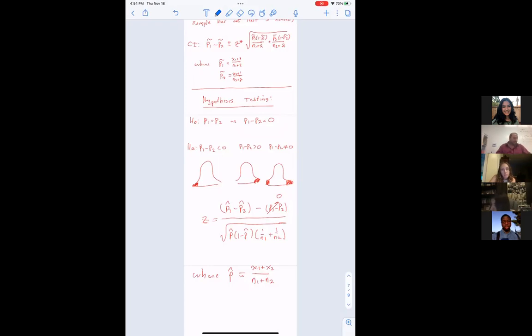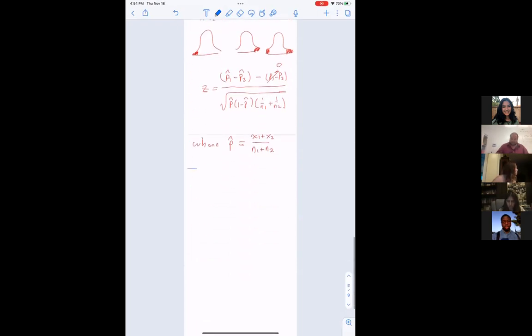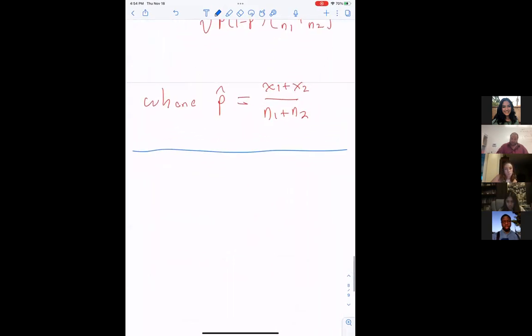So let's do a few examples to illustrate this in action. Okay, so here's an example from the back. It says the following.